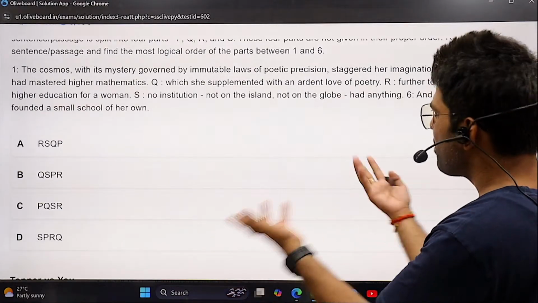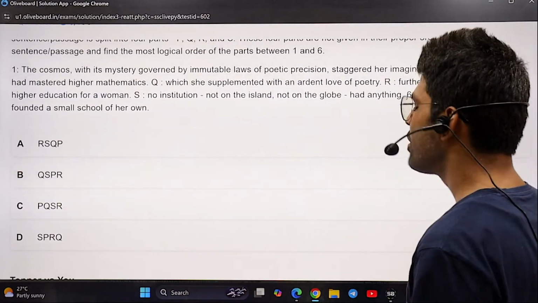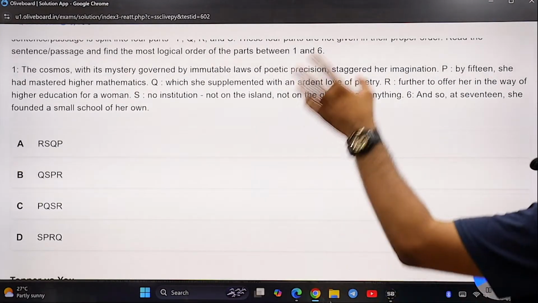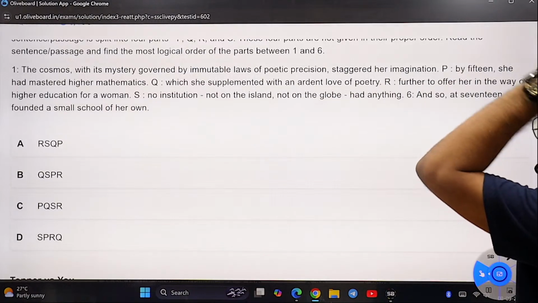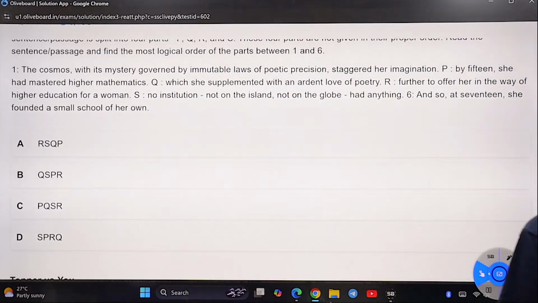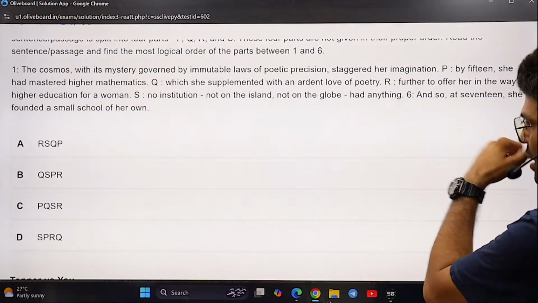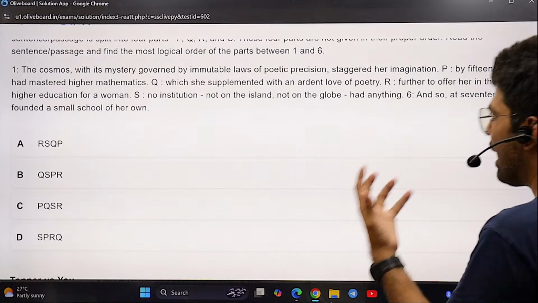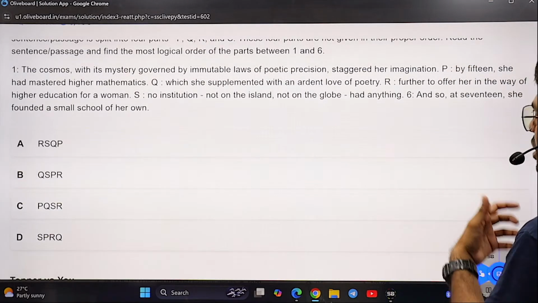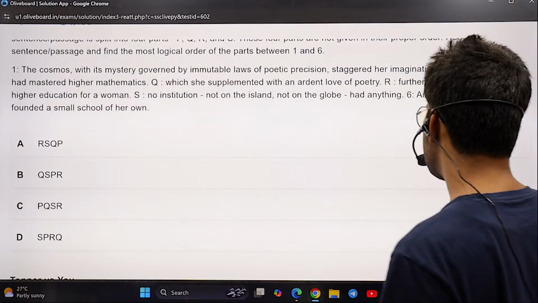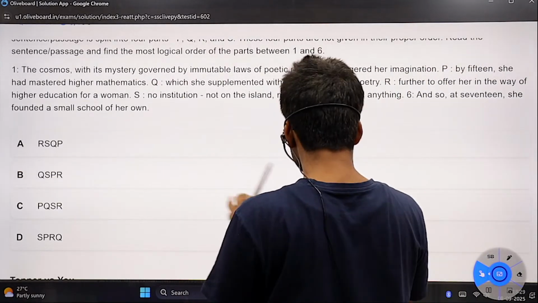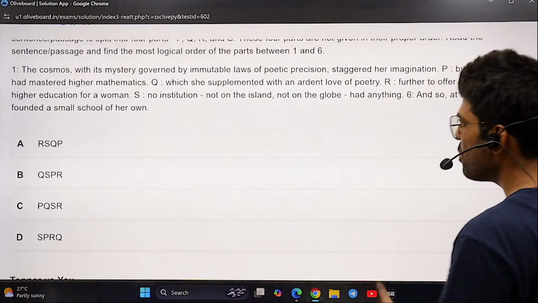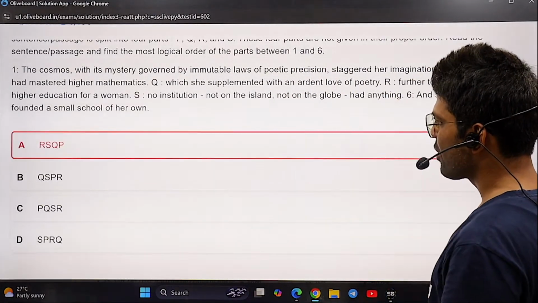I thought that should be easy as always, took it casually, which I definitely would not in examinations, but I did. The cosmos, with its mystery governed by laws of poetic precision, staggered her imagination. By 15, she had mastered higher mathematics, which she supplemented with an ardent love of poetry. Further, to offer her higher education as a woman, no institution, not on the island, not on the globe, had anything. Shikha, I did the same at first. No institution, not on the island, not on the globe, had anything which she supplemented with this or that. Okay, so I thought of SQ. There in this, I was wrong.